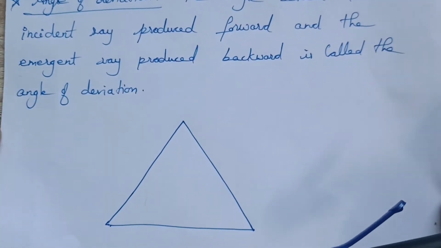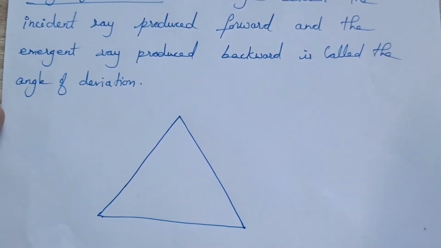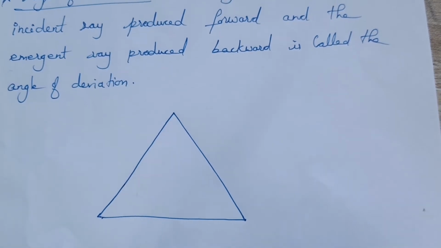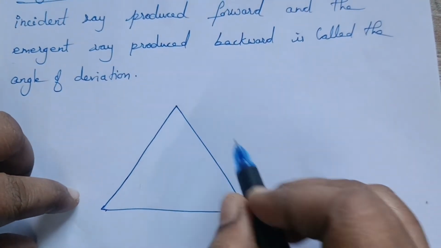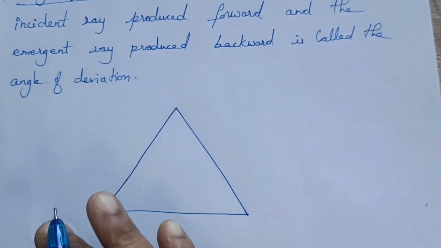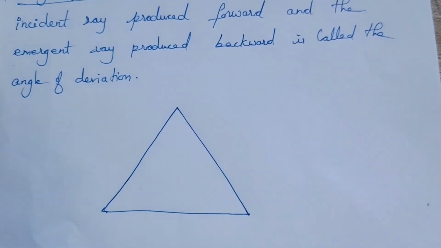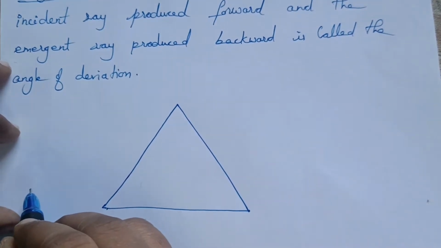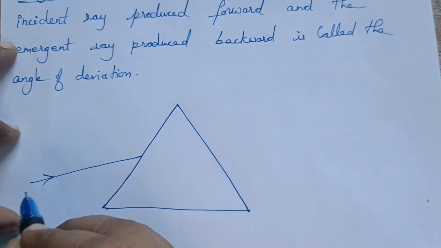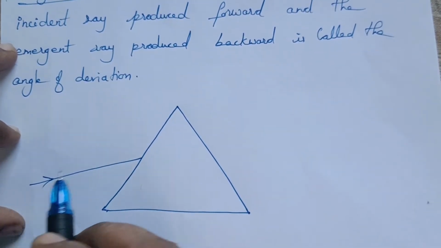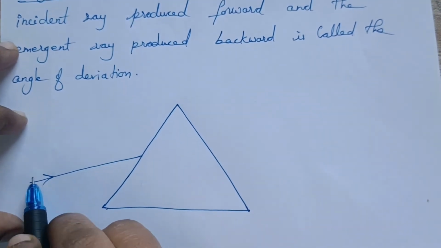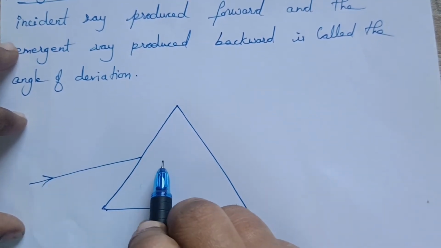Before that, we'll see how the light is refracted through the triangular glass prism. I kept this triangle; this is only the front view of this prism. When a light is incident on the prism, it comes from the rarer medium and this prism is a denser medium, right?